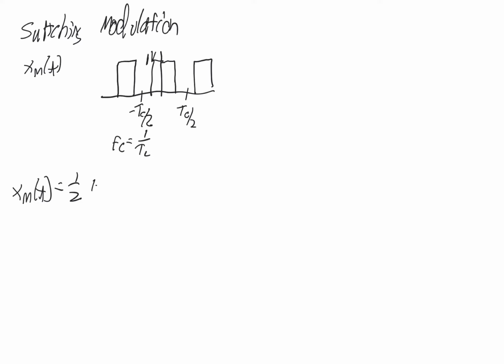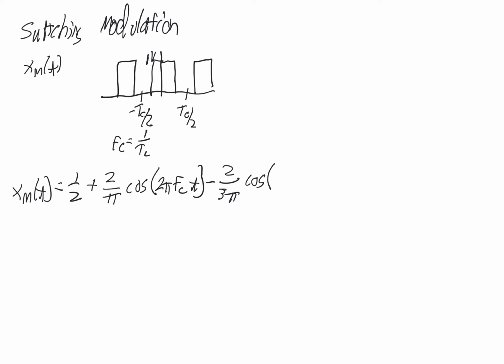It turns out that we have 2 over pi at the fundamental frequency. I need omega here, so I take f and multiply it by 2 pi to get omega. Then we have only odd harmonics for this. So 2 over 3 pi, and the next one will be plus 2 over 5 pi, and so on.